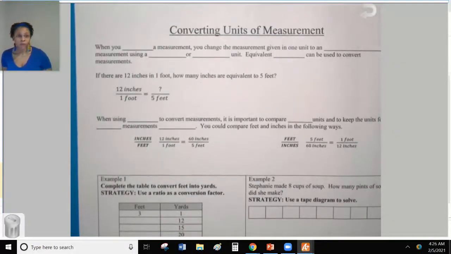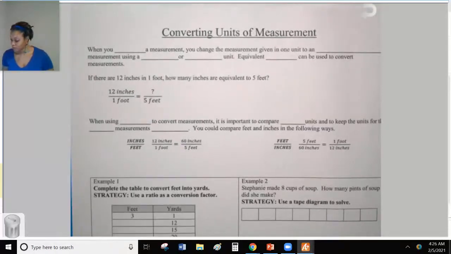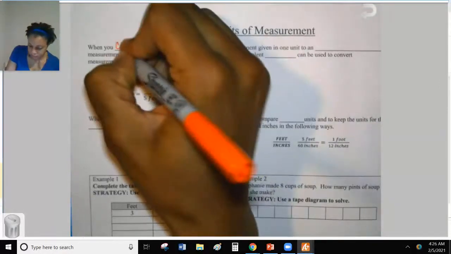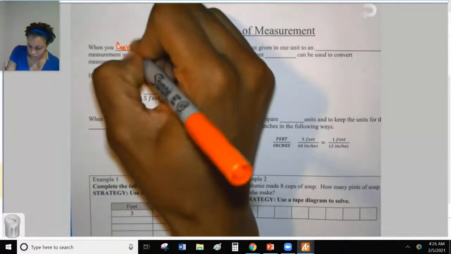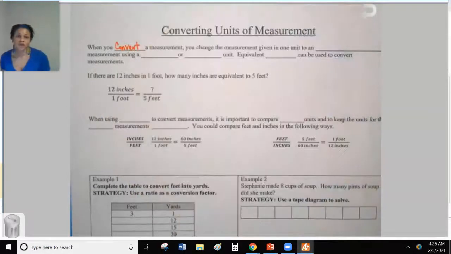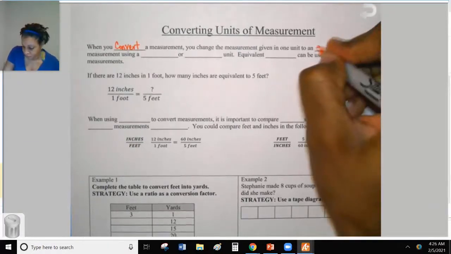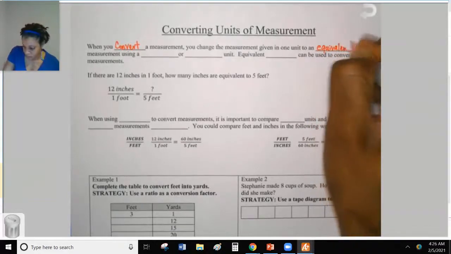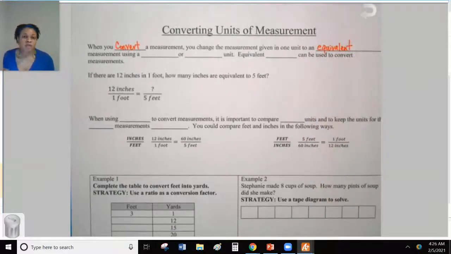So when you convert a measurement, you change the measurement given in one unit to an equivalent measurement using a larger or smaller unit.